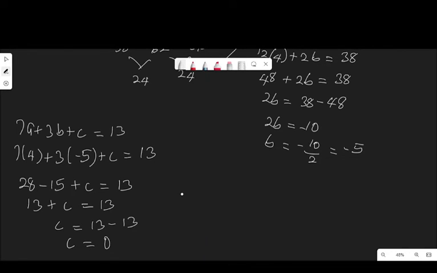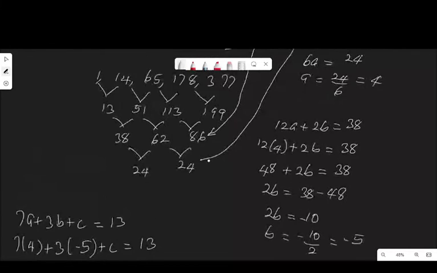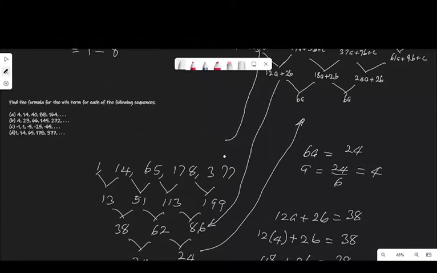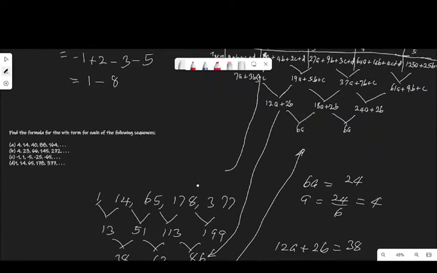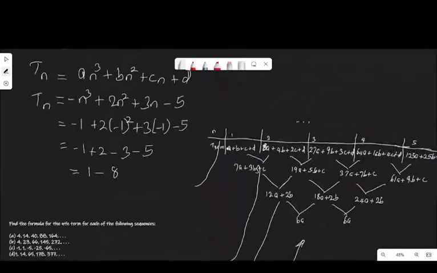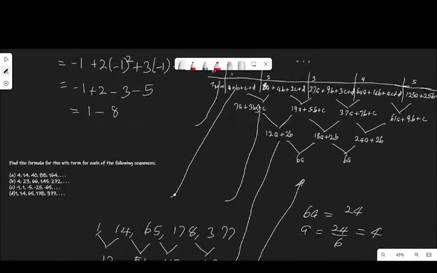c is 0. And lastly, to get d, we compare this sequence itself with the first row of this table here. So a plus b plus c plus d is equal to 1.